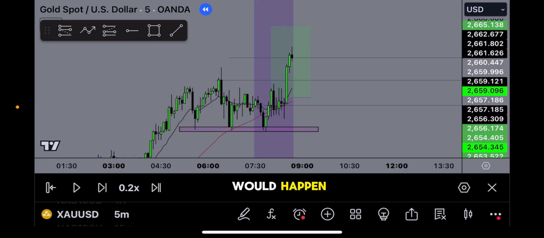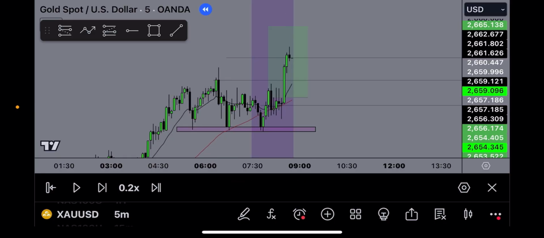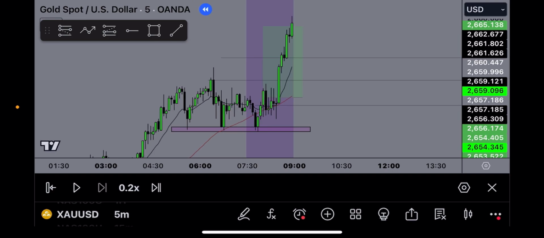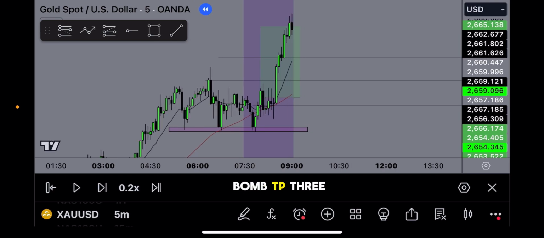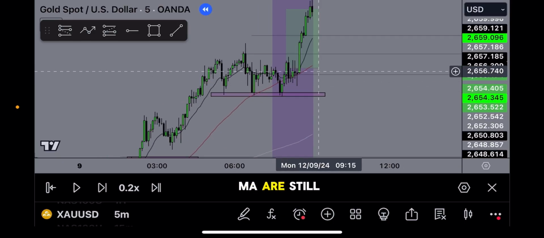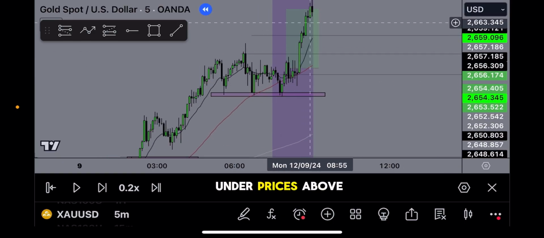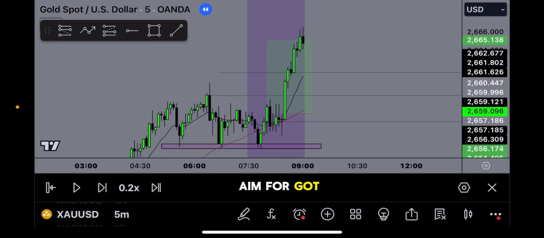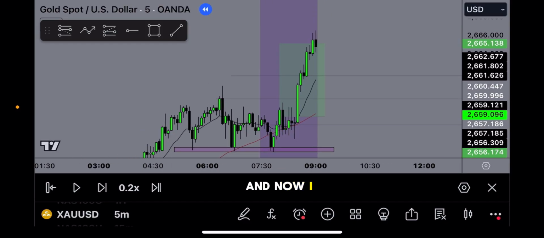Let's see what would have happened. TP3 hit, right? 3 MAs are still under, price is above. All your 3 levels that you aim for got hit. And now I would have been done for the day.